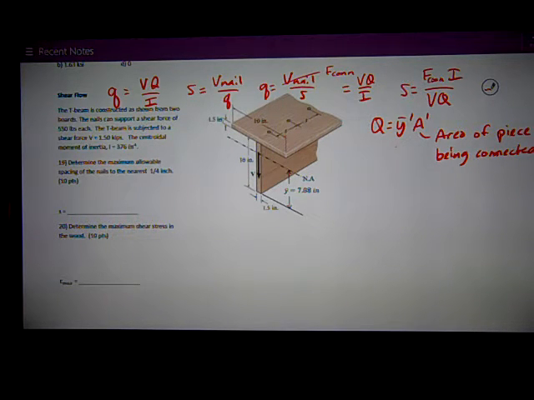Y bar prime is still the distance from the neutral axis, NA, which is located for me on this problem, to the centroid of A prime.